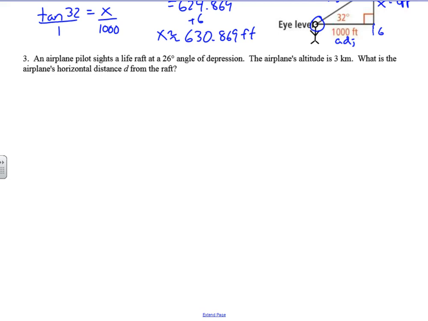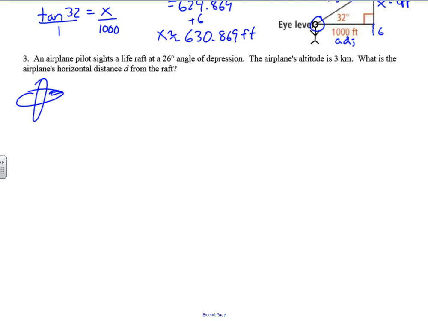Now, an airplane pilot sights a life raft at a 26-degree angle of depression. So we're out with the Coast Guard, and they're trying to figure out where this person is. So we've got an airplane. Feel free to draw it better than I do.